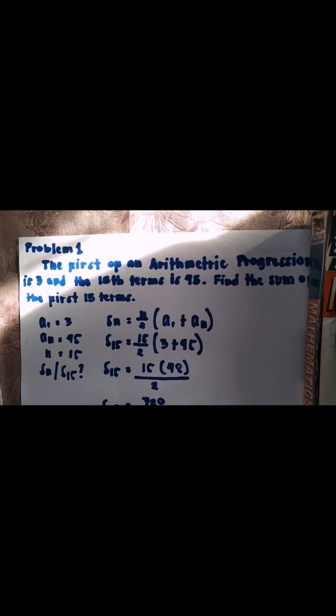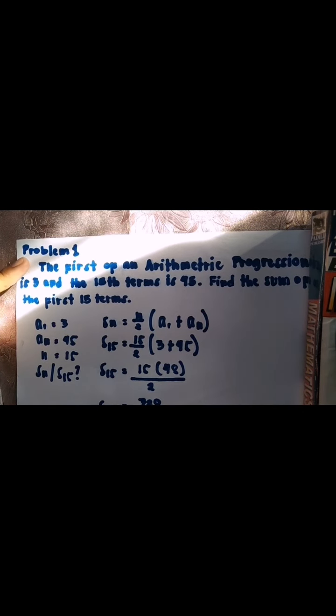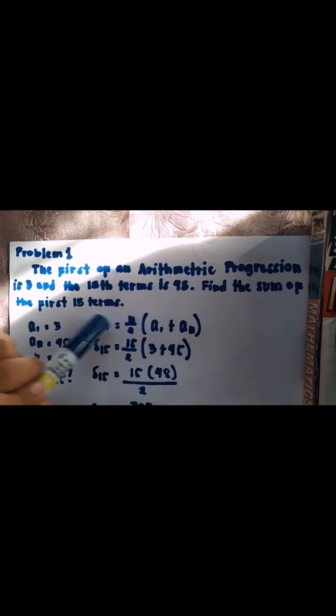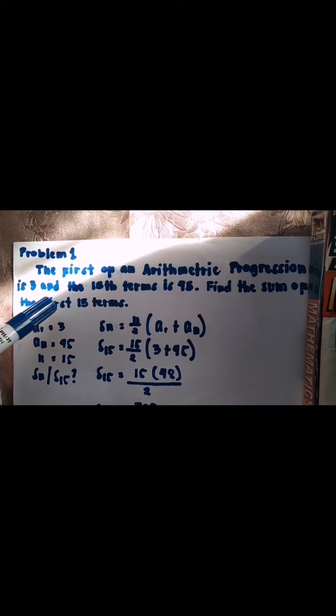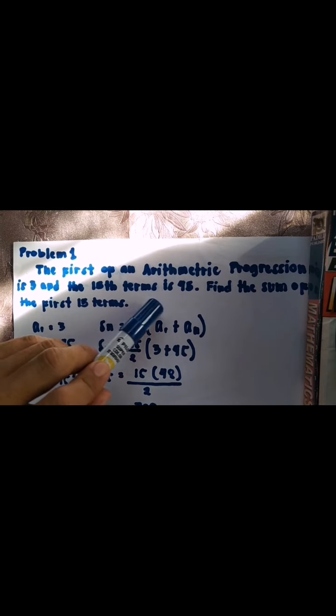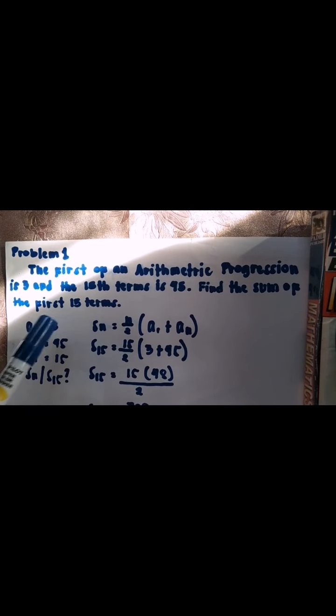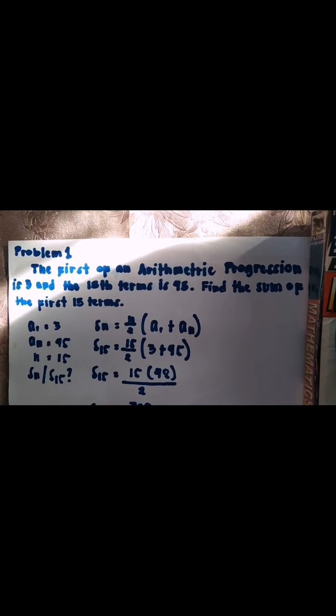So let's try solving a problem now. Here's problem number 1. The first term of an arithmetic progression is 3 and the 15th term is 45. Find the sum of the first 15 terms.